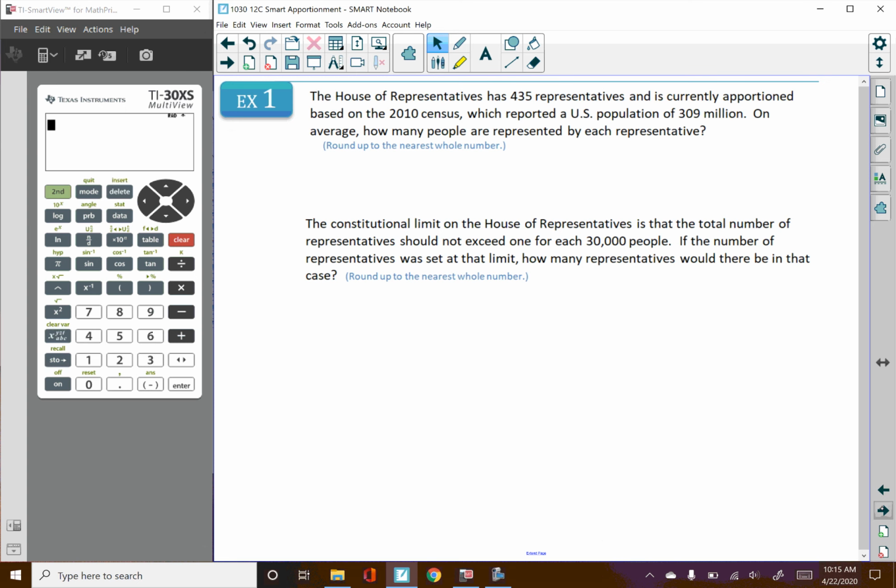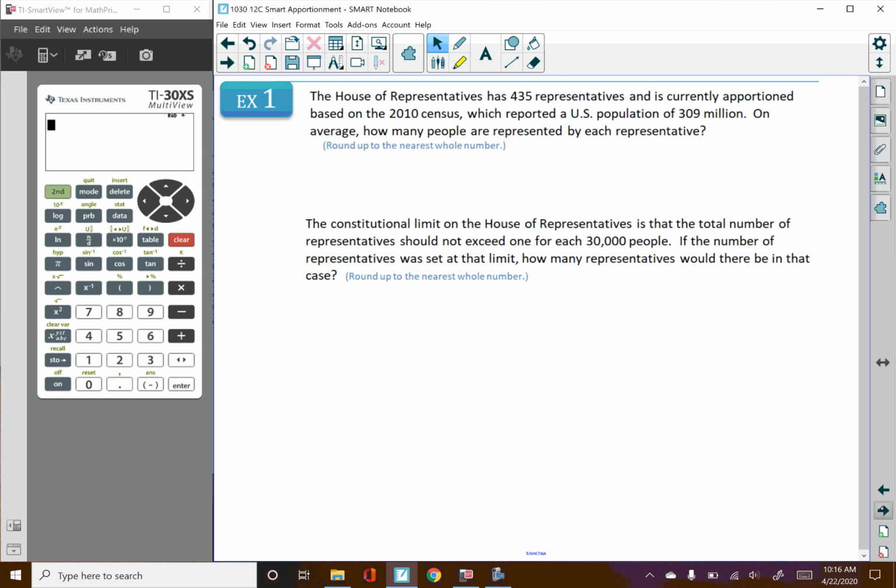So this first example just has to do with our government. The House of Representatives has 435 representatives, and it's currently apportioned based on the 2010 census. Every 10 years they do a census, and actually one census was taking place this year for 2020. In the 2010 census, our U.S. population was reported to be 309 million.